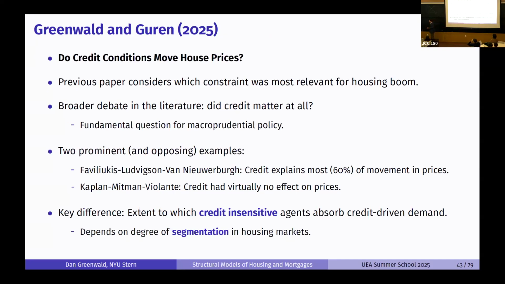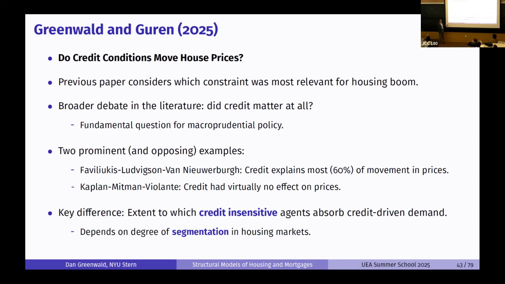So this is a paper I wrote with Adam Gurin at BU. And so what we're going to do is try to reconcile these and say, okay, what the key differences between these and other models is the degree to which credit insensitive agents are there to absorb the extra demand driven by credit sensitive agents when you relax credit, okay? More practically, and this is going to depend on the degree of segmentation in housing markets.